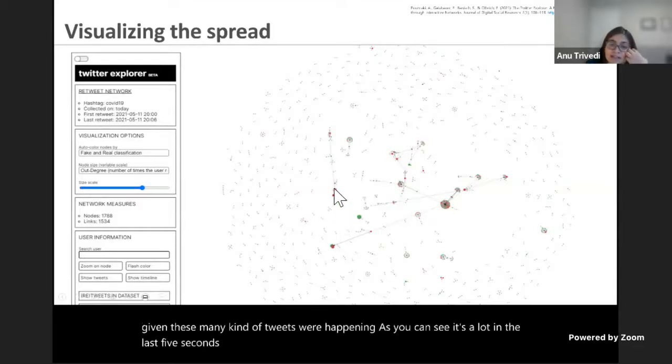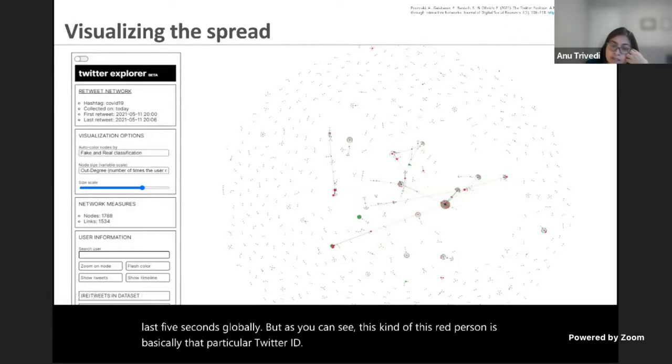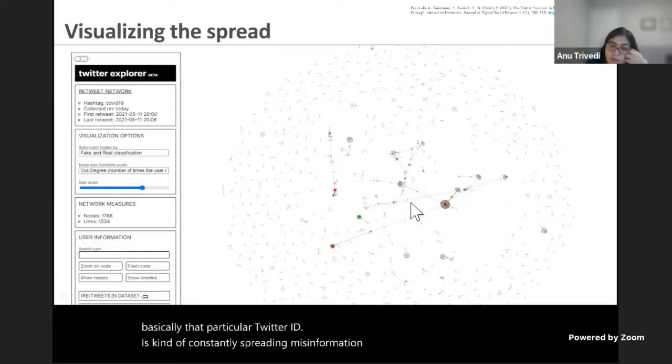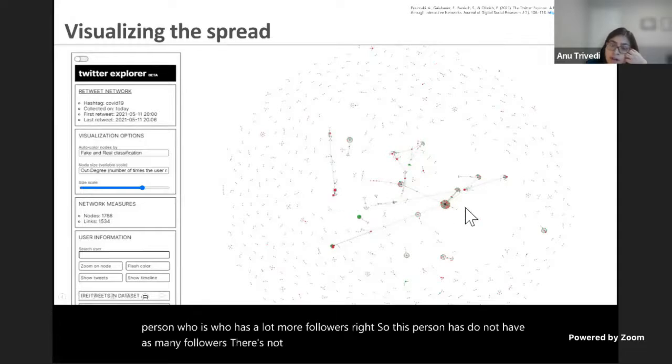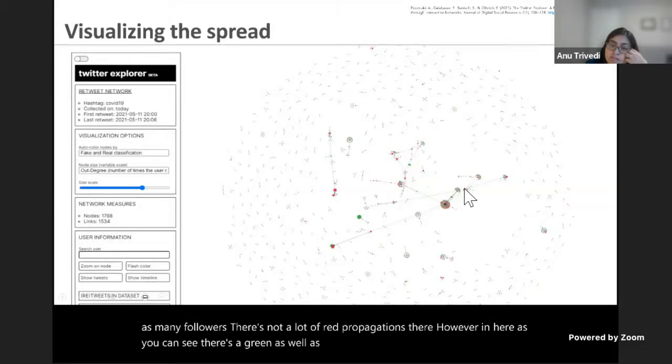But as you can see, this red person, that particular Twitter ID, is constantly spreading misinformation. That's not as harmful as this person who has a lot more followers. This person does not have as many followers, so there are not a lot of red propagations there. However, in here, there are green as well as red propagations, so it's a big influencer.